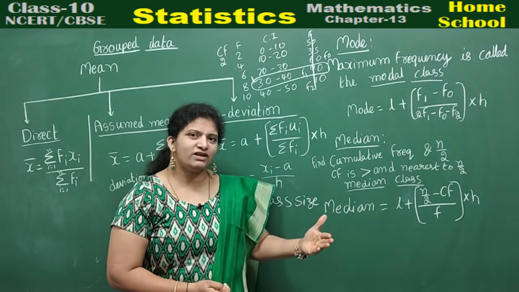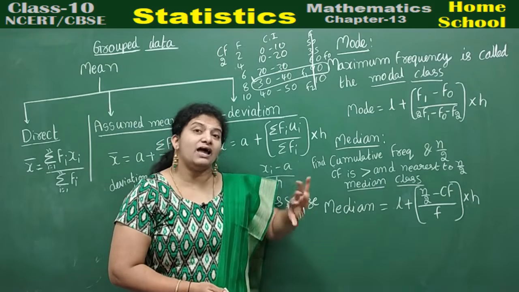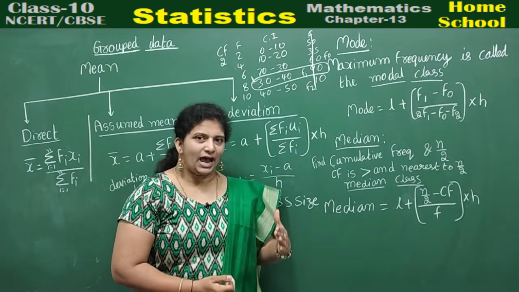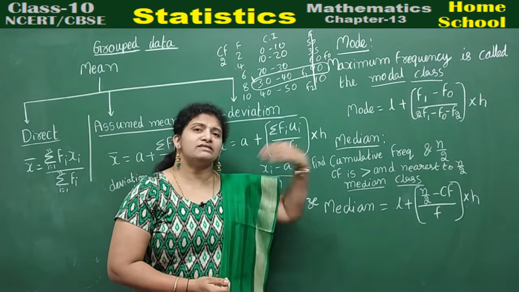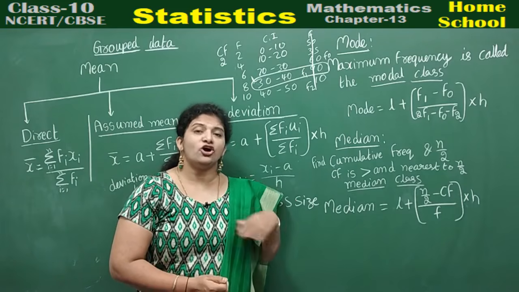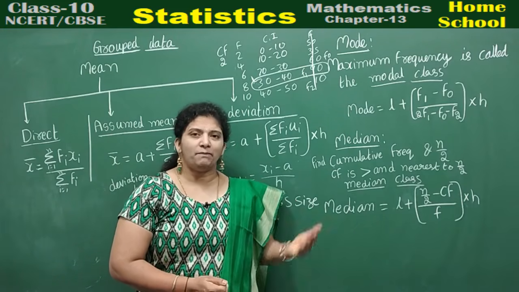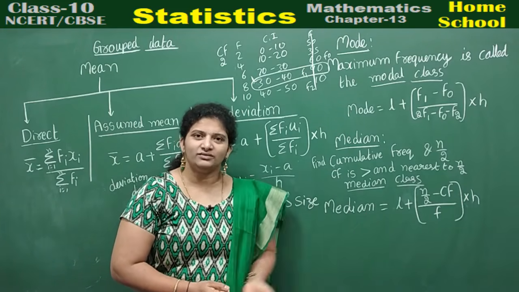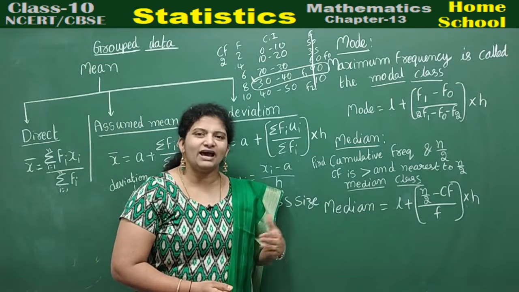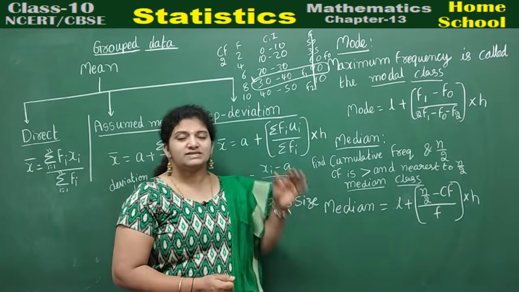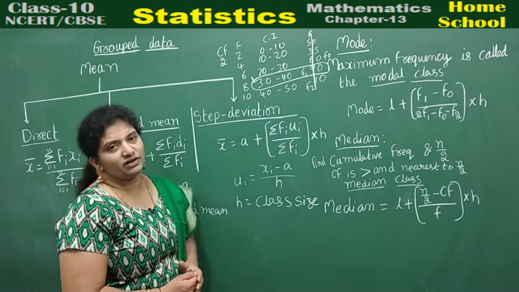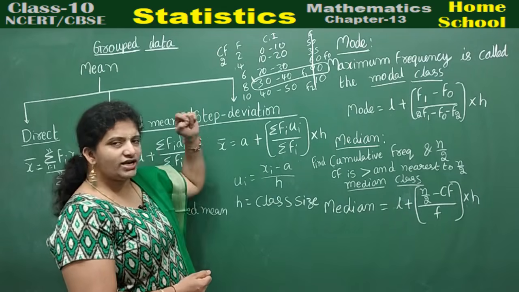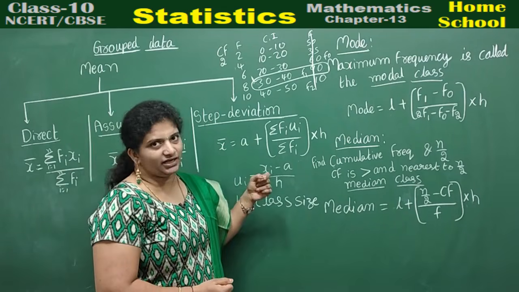One says apple. The next says apple and another fruit: apple, mango. The third says apple, mango, banana. They are cumulatively adding the fruits. Similarly, in this cumulative frequency, we are going to add each and every number continuously.